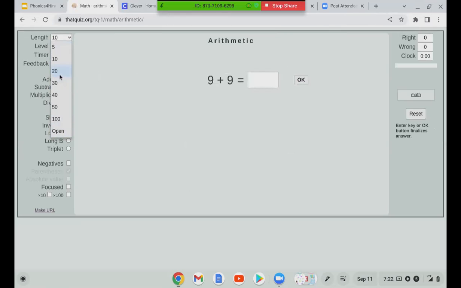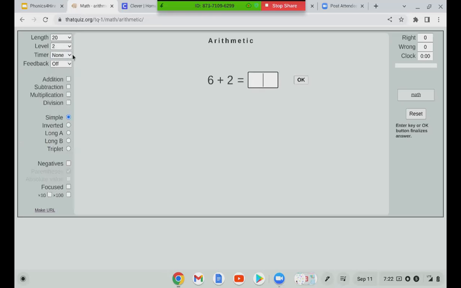But I'm going to set it at 20 because you want your child to be able to do 20 problems in 1 minute. So the level I'm going to start at is 2. I'm sorry, they don't have a level 0 or level 1. I'm going to do those in class on paper, have them add with 0 and add with 1. But this starts on level 2.